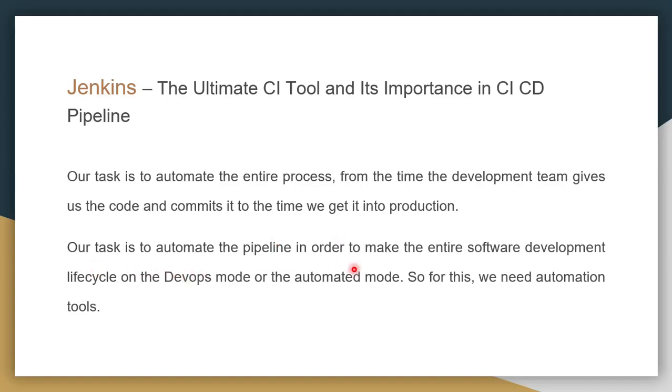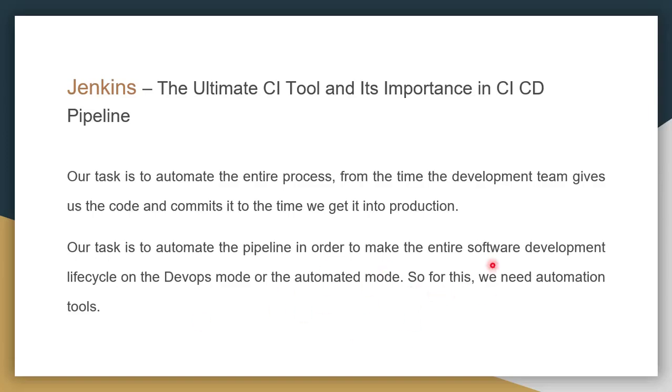So our task is to automate the pipeline as much as possible in order to make the entire software development lifecycle on DevOps more automated. More automated is better. It reduces error, it increases reliability, increases the time to market, and increases quality.